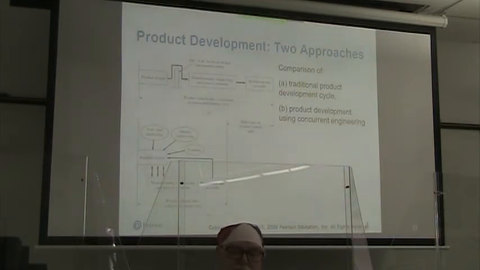We have some people design a product, they throw it over the wall to the manufacturing, engineering, and process planning people, and then it goes into production and assembly. So that gives us, though, a very long time from the time we begin designing the product until we actually are making it.